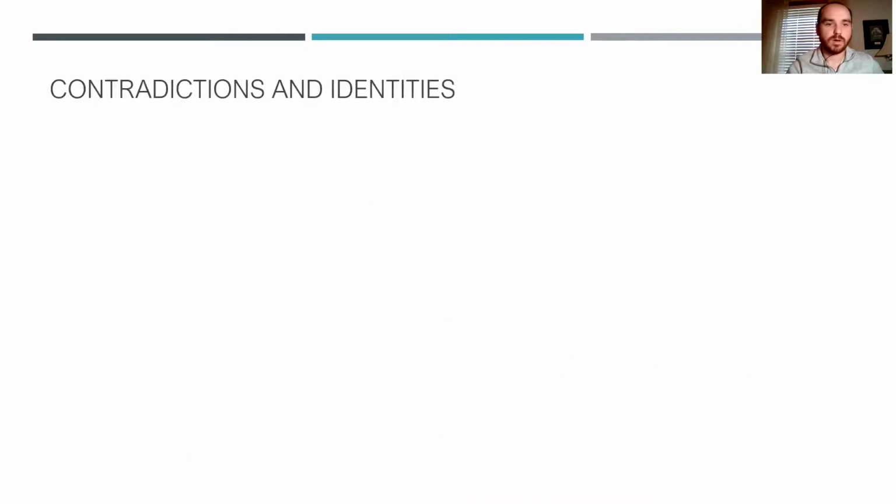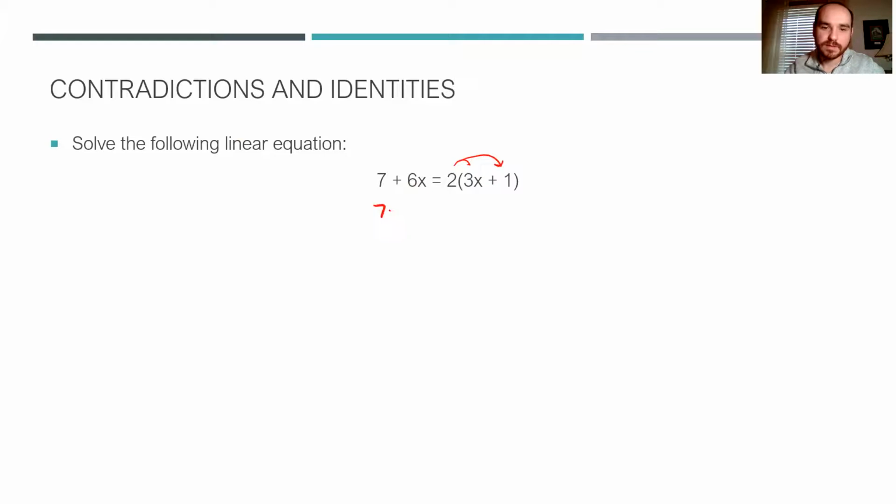Okay. So another thing to watch out for when you're solving linear equations is contradictions and identities. So there are some linear equations that are going to turn out to always be false. So if we solve this, we have 7 plus 6x equals 2 times 3x plus 1. We multiply this out, and we're left with 7 plus 6x equals 6x plus 2.